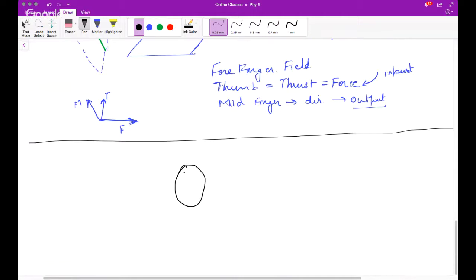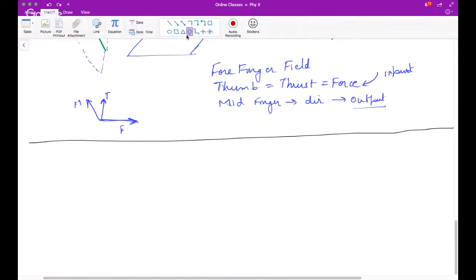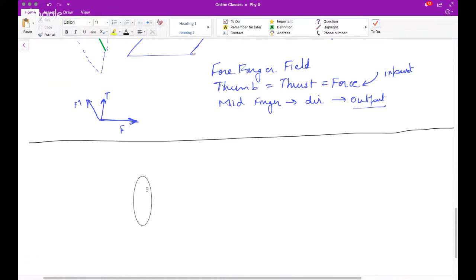This is a ring. So let me draw a proper ring. I have the facility to draw a ring. Okay, so this is a ring. So this is a ring perpendicular to the plane of our whiteboard.